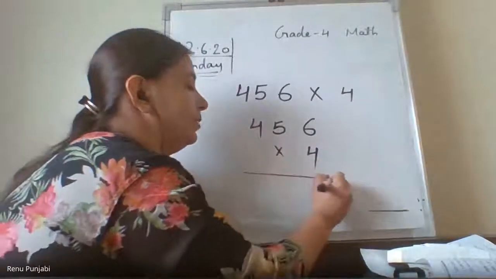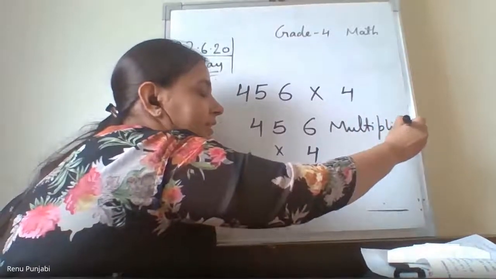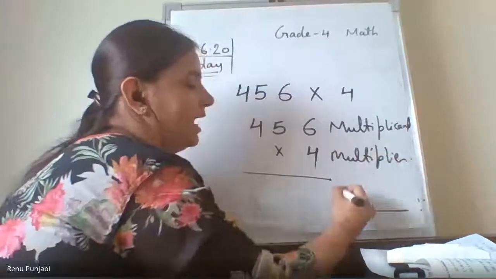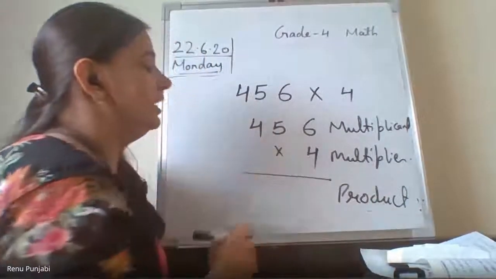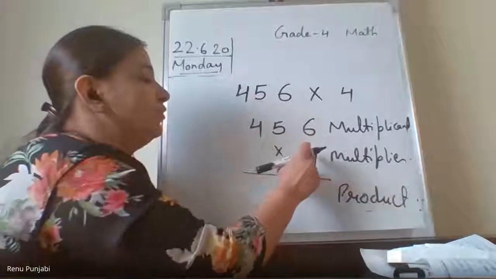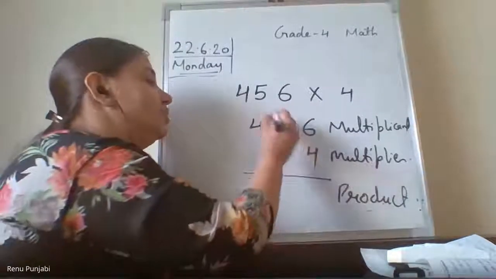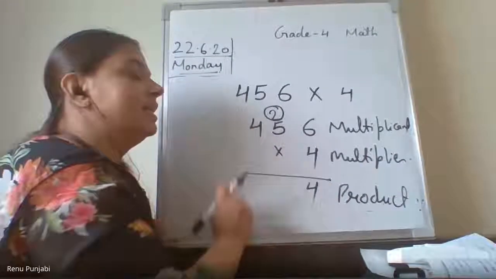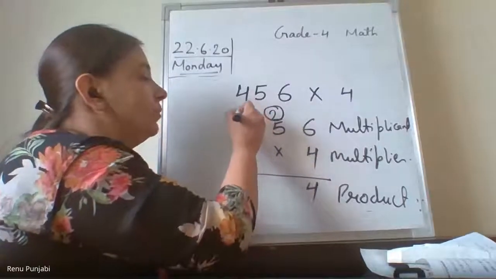You all know, I explained to you, this is the multiplicand. This is the multiplier. And the answer will be our product. So first we learn how to multiply with the one digit number. 4 6s, or 6 4s, is 24. 4 5s are 20 plus 2, 22.